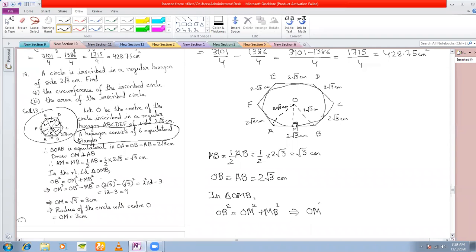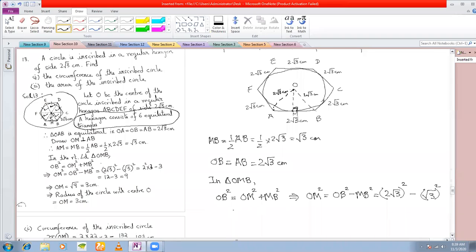So what is OM square? OM square is OB square minus MB square. And OB is 2 root 3 and MB is root 3. So this gives you 2 square into root 3 square minus root 3 square, which is 3.